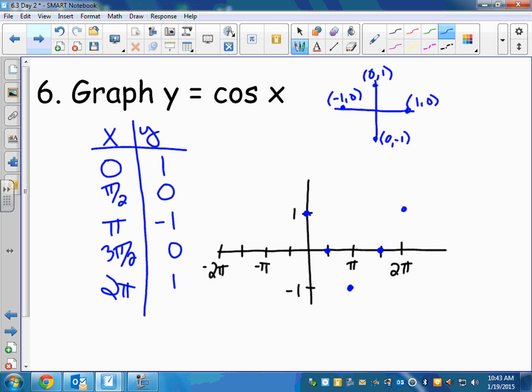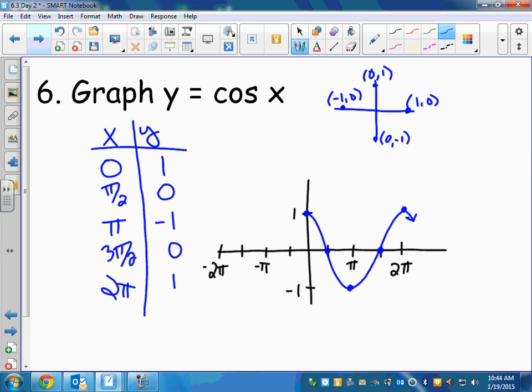And again, smooth, rounded edges, and be really careful at the end of this because this is not going to keep going up, right? If we kept going here, this is going to go down and it's just going to keep going that pattern. You don't have to show that, but don't show that arrow going up because it really should turn and come back down and just keep going over and over again. But that's what one full period of cosine looks like, starting at 1, ending at 1.